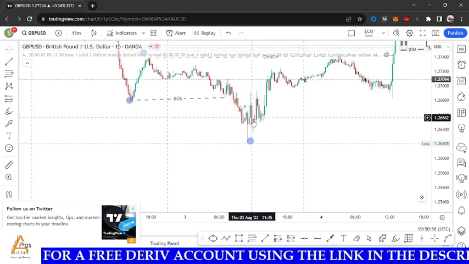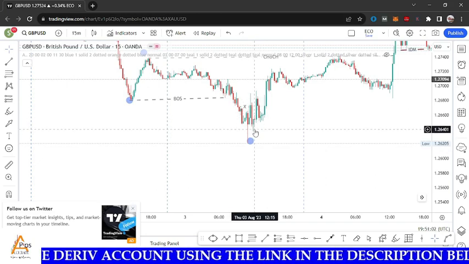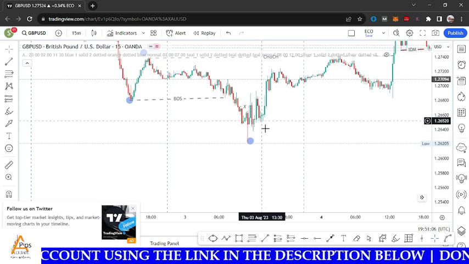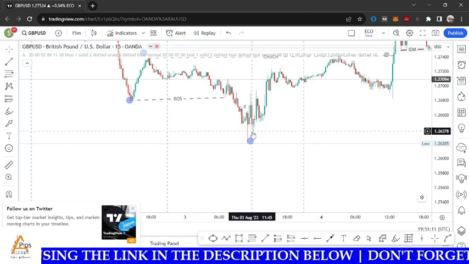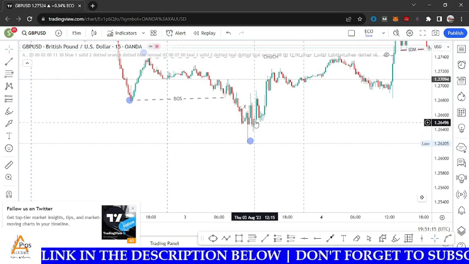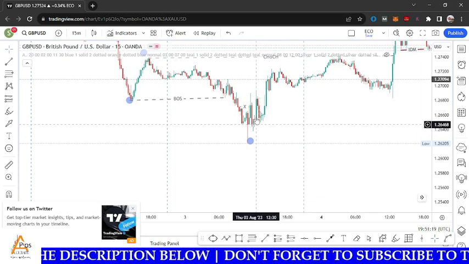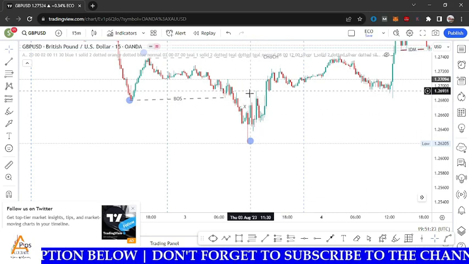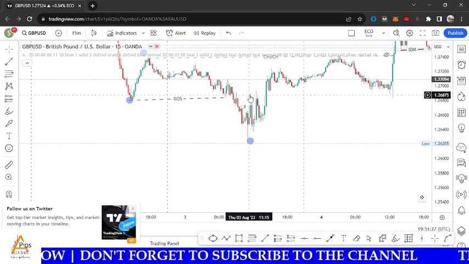It only swept the low of this candle, so that is kind of forming what we call an order block. So if we were dealing with order blocks, then we will be looking at this one over here that has swept this candle low, and we'll be marking this, which later on price came to tap in.